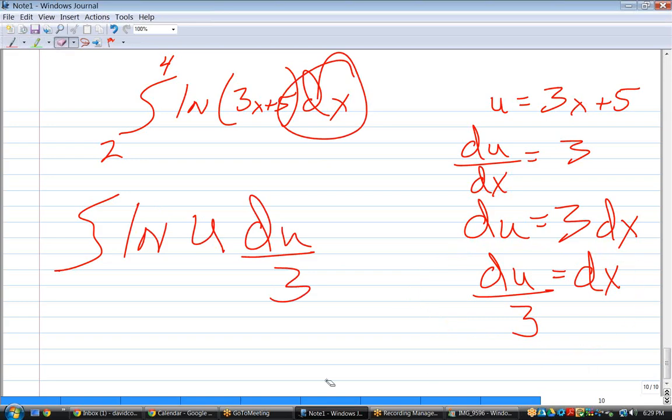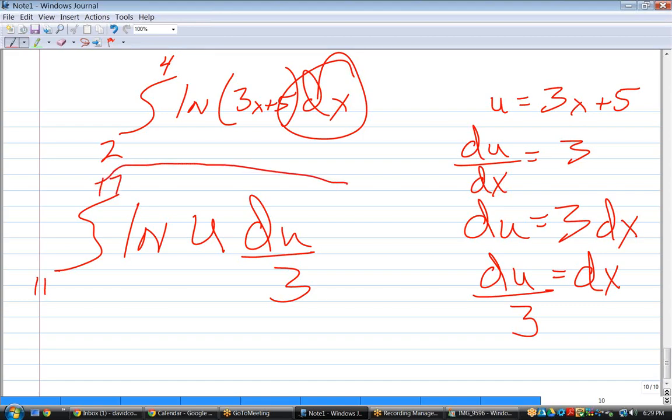Okay. Now we have an integral that is an integral of u, not x anymore. So our limits of integration, I can also do this 2 different ways. I can change them immediately. In other words, I can tell that as x goes from 2 to 4, u goes from 11 to 17. So I could do it this way if I want.